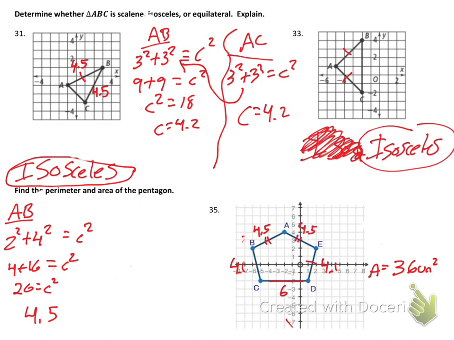So now, what I need to do is add all of these up. So it's going to be 4.5 plus 4.5 plus 4.1 plus 4.1 plus 6, which is 23.2. So my perimeter is equal to 23.2 units. Oh, not squared. It was 23.2 units.